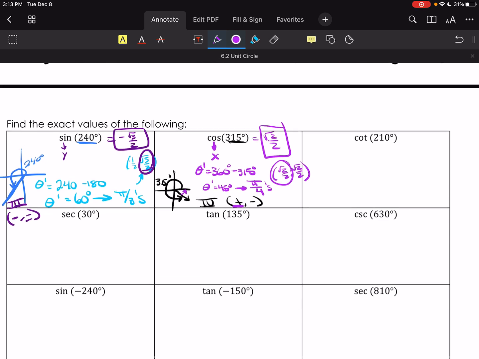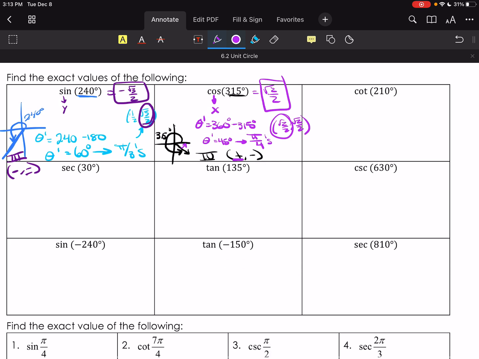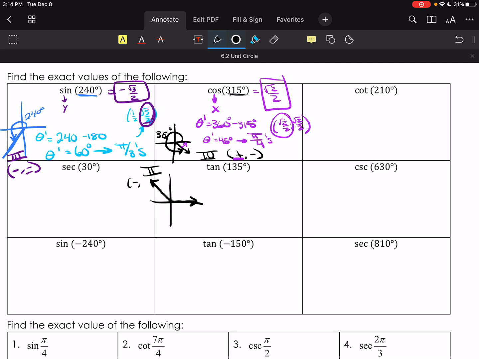All right, let's look at a tangent. So 135 is going to fall in quadrant 2. Okay, so that means that I have negative x, positive y.